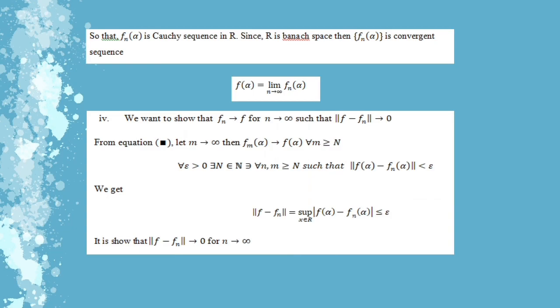Okay, we want to show that f_n converges to f as n approaches infinity such that the norm of f minus f_n converges to 0.